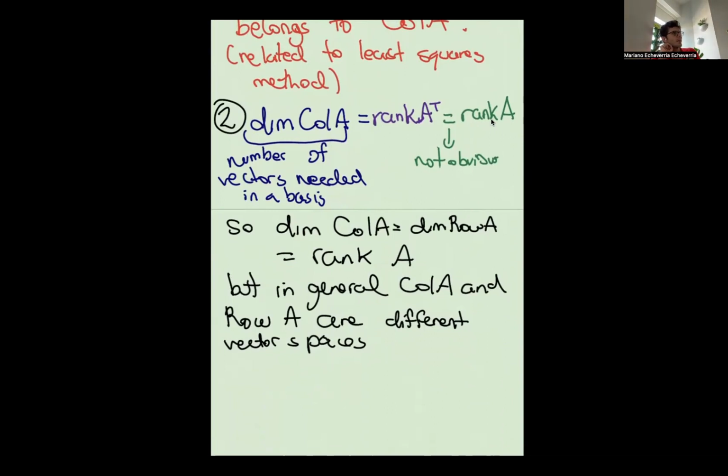Okay, let's do another example about the column space, because finding the column space is essentially the same as finding the row space, but with the transpose matrix. In terms of what you're supposed to do, it's more or less the same idea.